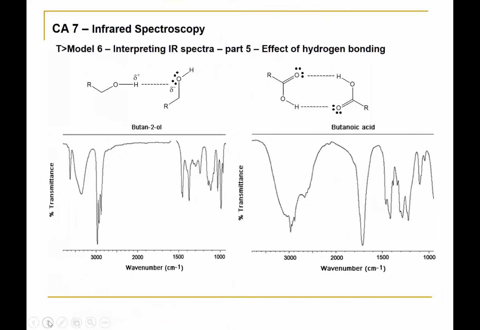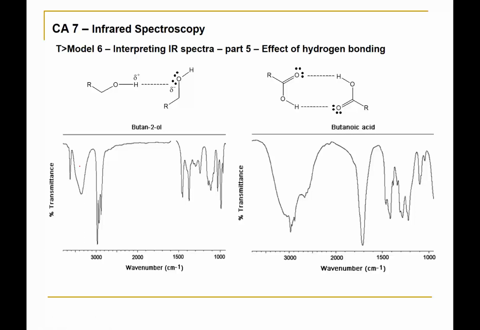As the last part of this particular video, I'd like to point out that if the bond in question involves a hydrogen and that hydrogen can make hydrogen bonds, we will expect a relatively broad signal.